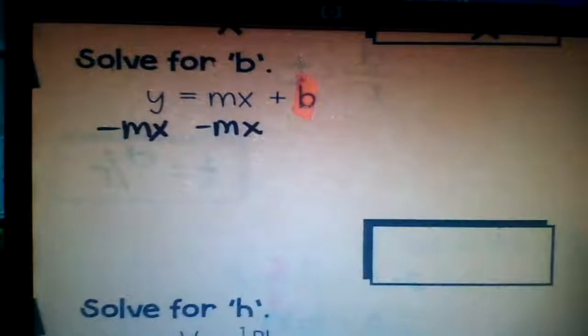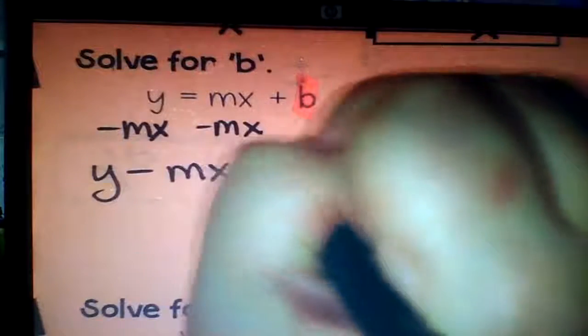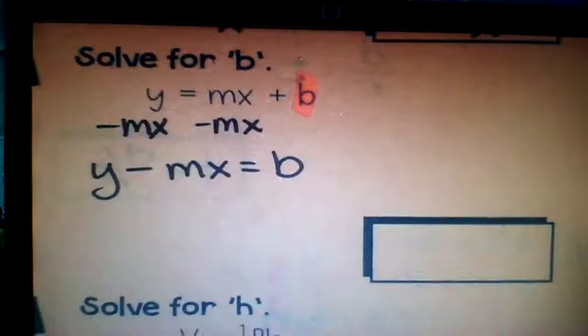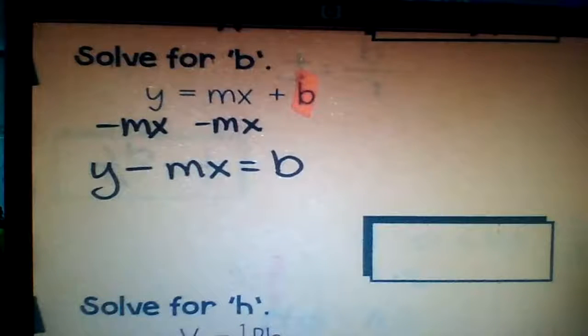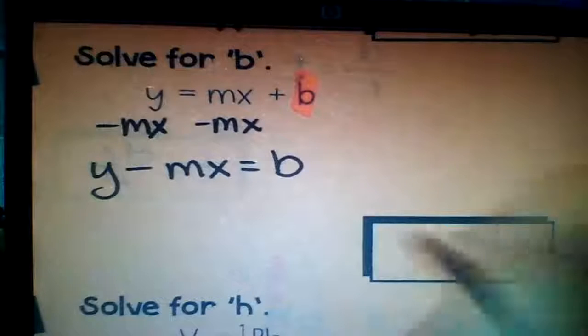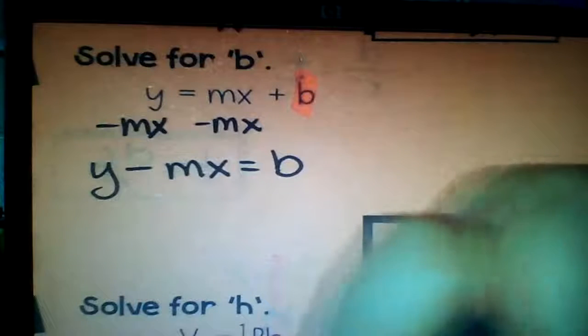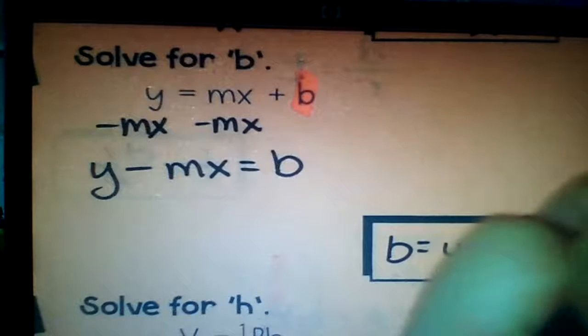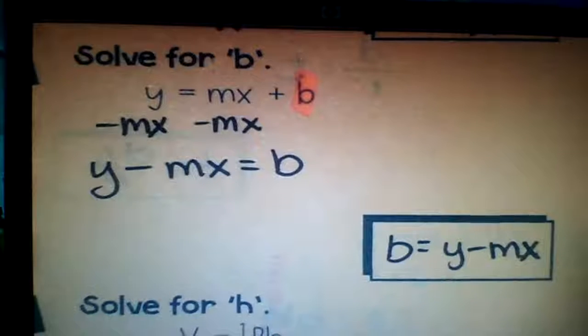Can I put these two together, or do they go side by side? Side by side. So y minus mx equals b. Is b all by itself? You're done.